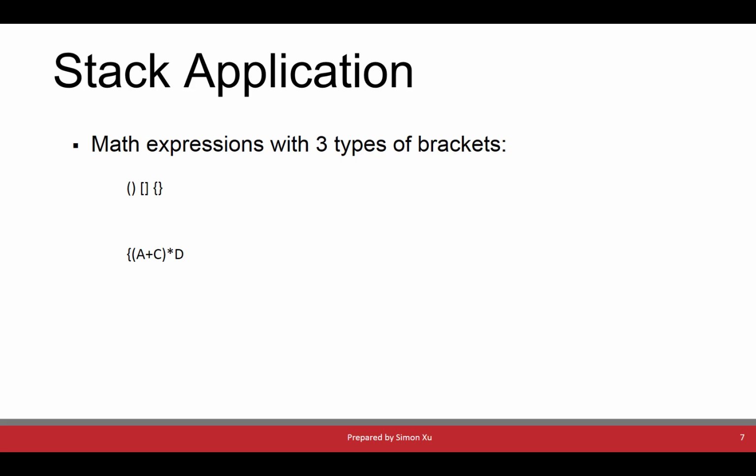You can see the general idea is the same as the previous example. We need to scan the string from left to right. We push left brackets onto the stack, and for right brackets, we simply compare with the top item on the stack to find a matching one.